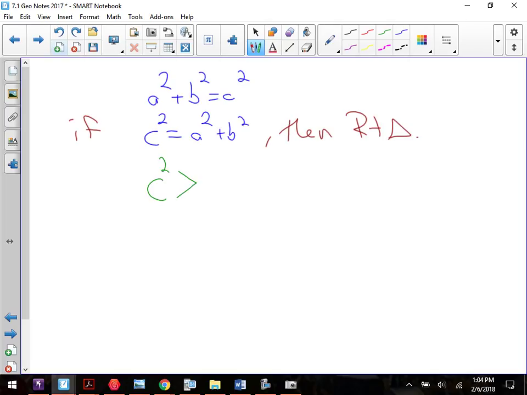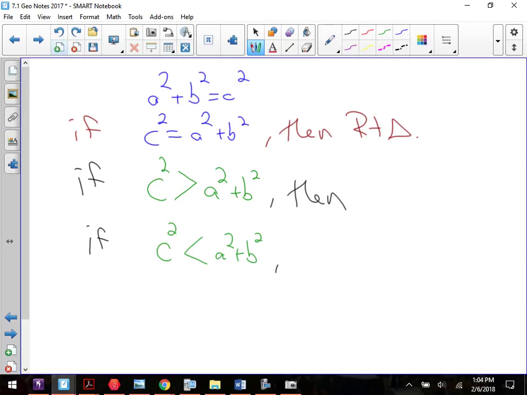It could be larger, or it could be smaller. By knowing the three sides of a triangle, you can tell what kind of triangle you have. It can be right, it can be obtuse, or it can be acute.